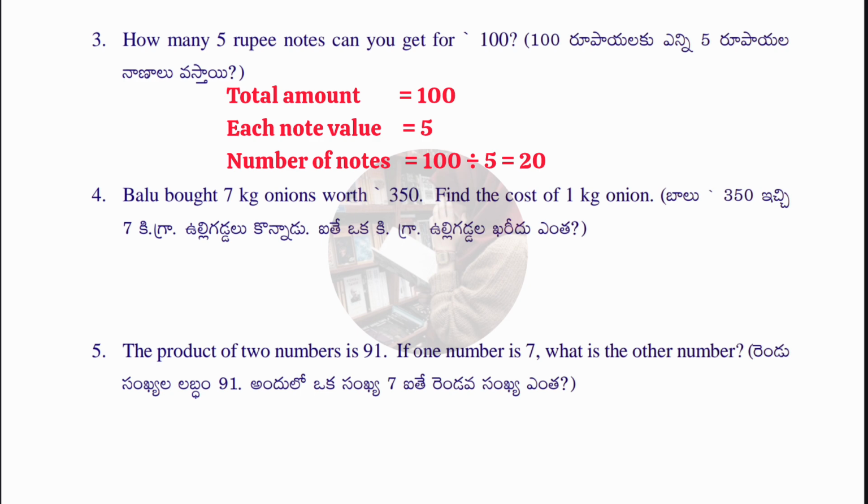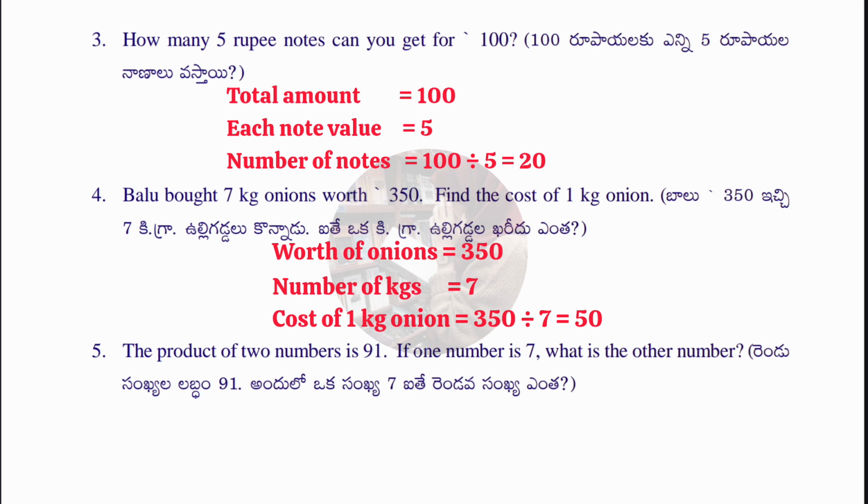Find the cost of 1 kg onion. So the worth of onions is 350. Number of kgs are 7. You have to do the division. So cost of 1 kg onion is 350 divided by 7 equal to 50. Means 1 kg onion is 50 rupees. Therefore 7 kg is 7 into 50 is 350.